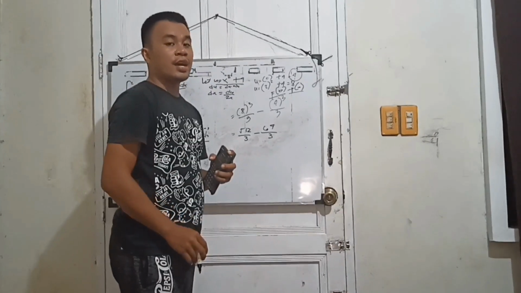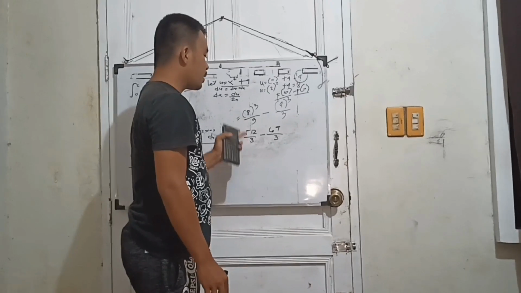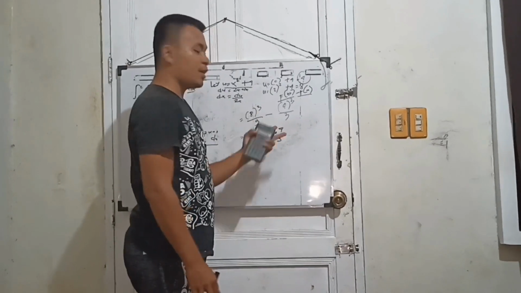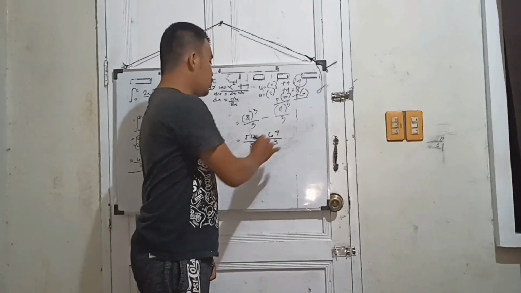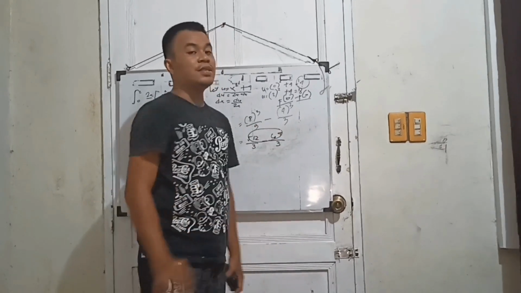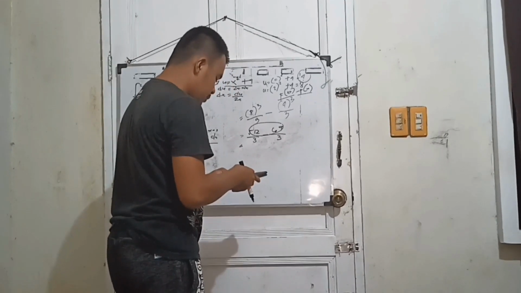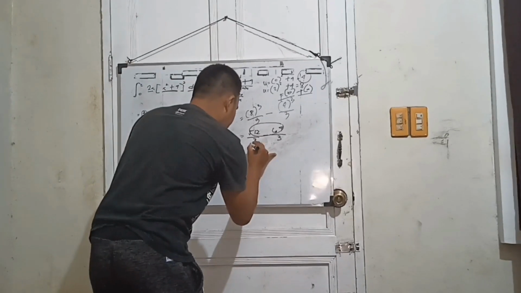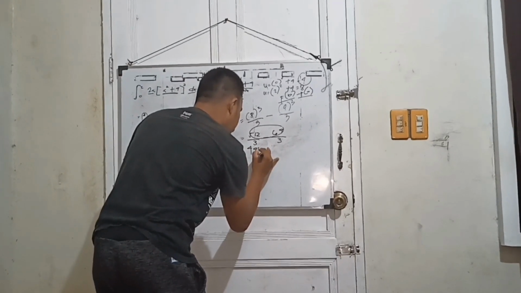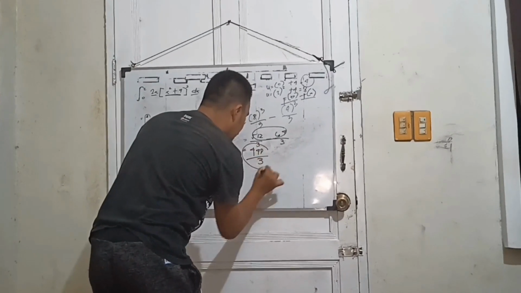Since I tackled earlier that when you are subtracting fractions with the same denominator, you just subtract the numerators and copy the denominator. So 512 minus 64 is equal to 448. Copy the denominator 3.